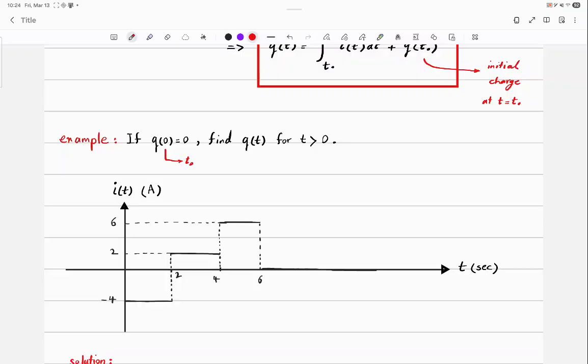Look at the equation. What's the units of the left-hand side? Joules, energy, or work, right? And what's the units of Q? Coulomb. What's the units of V then? Joules per Coulomb. Okay.